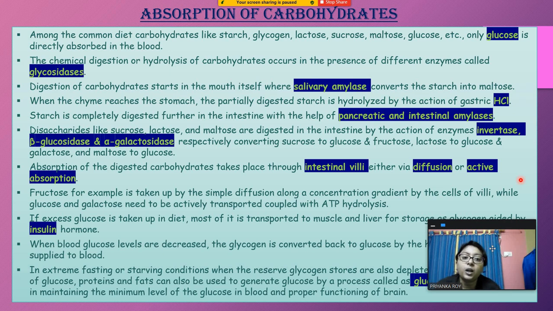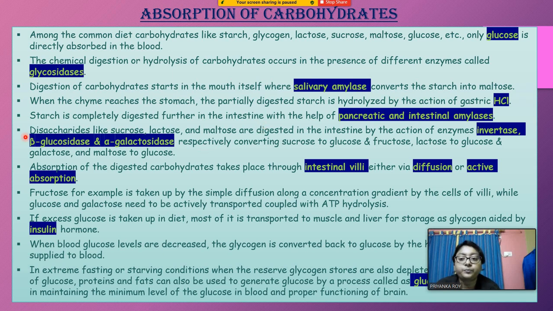Now what happens to the carbohydrates? The carbohydrates are further digested in the intestine with the help of pancreatic and intestinal amylases, and of course before that in the stomach with the help of gastric amylase.